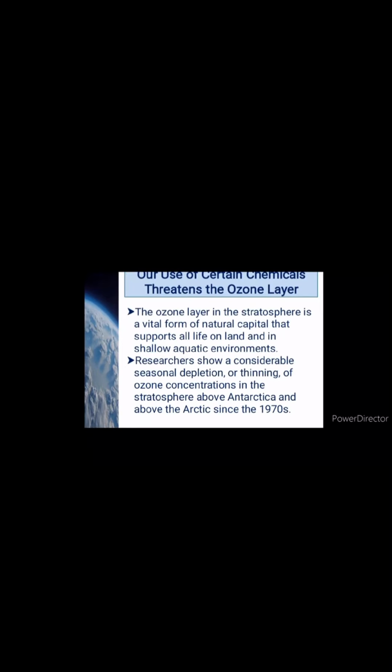Our use of certain chemicals threatens the ozone layer. The ozone layer in the stratosphere is a vital form of natural capital that supports life on land and in shallow aquatic environments. In what way?